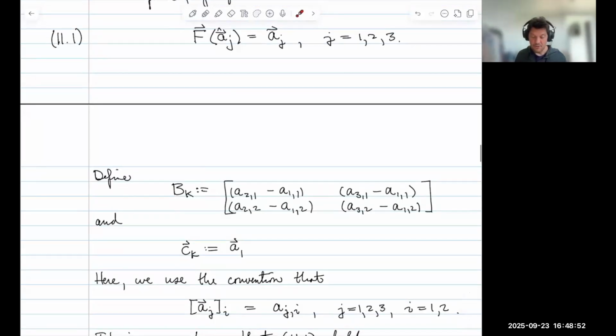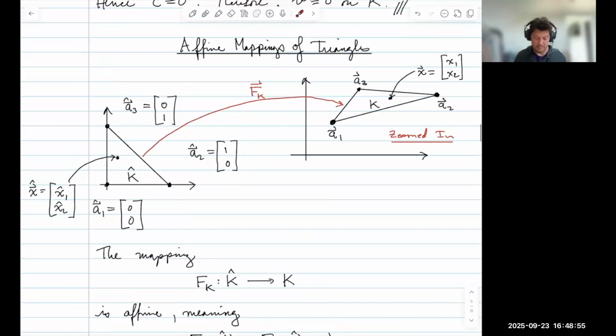In fact, what you can show is that not only do you preserve these points, but taking this as my domain and this as my range, the range is exactly a triangle.